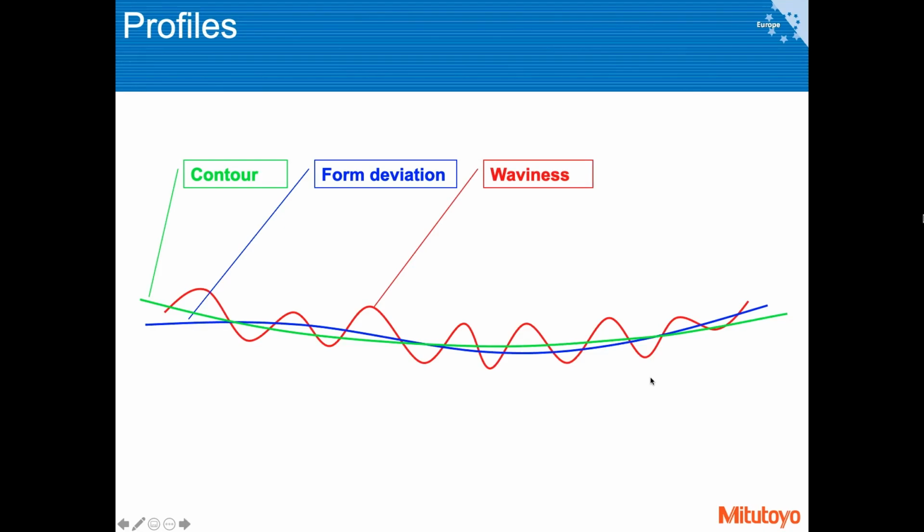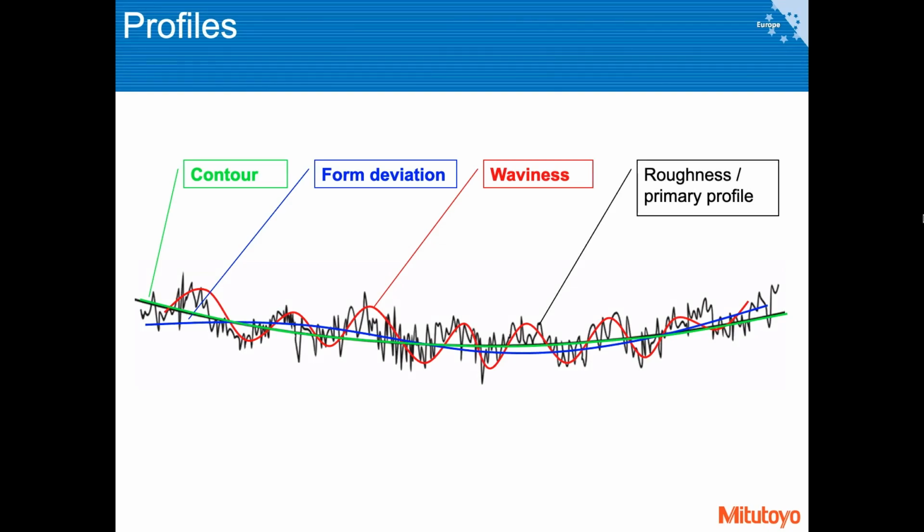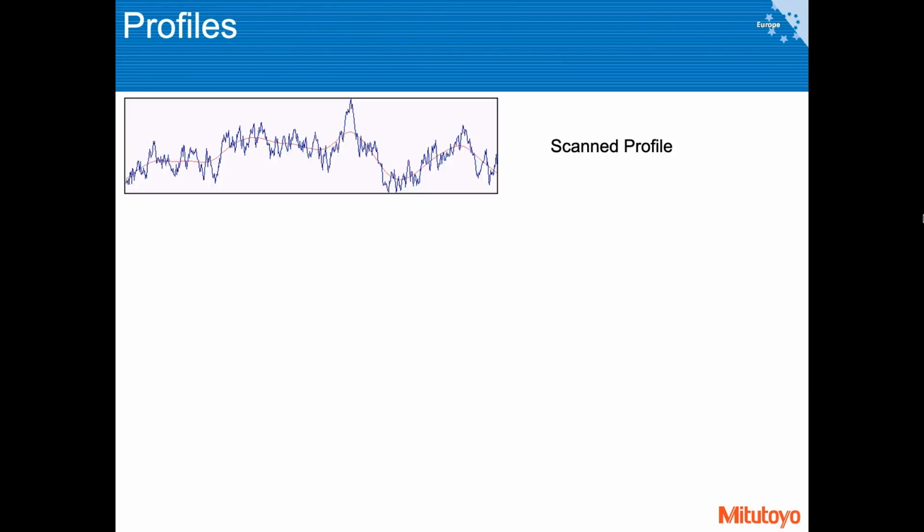On top of that, you can have oscillations with even smaller wavelengths, so they are called waviness. And the last component is roughness, and basically if we combine all of these four components: contour, form, waviness, and roughness, you actually get your primary surface which you just measured.